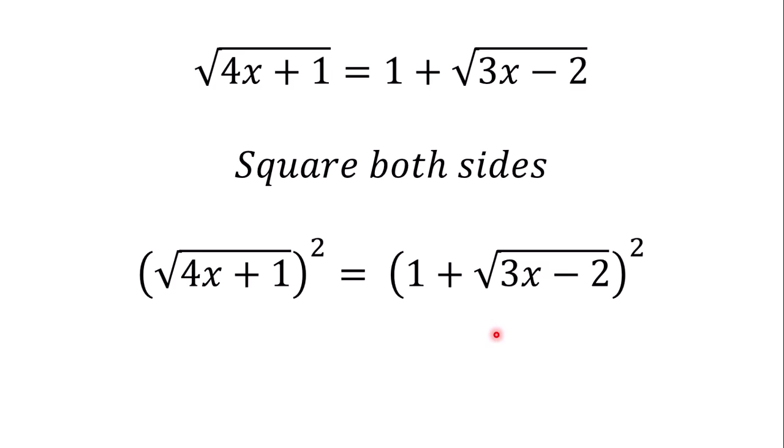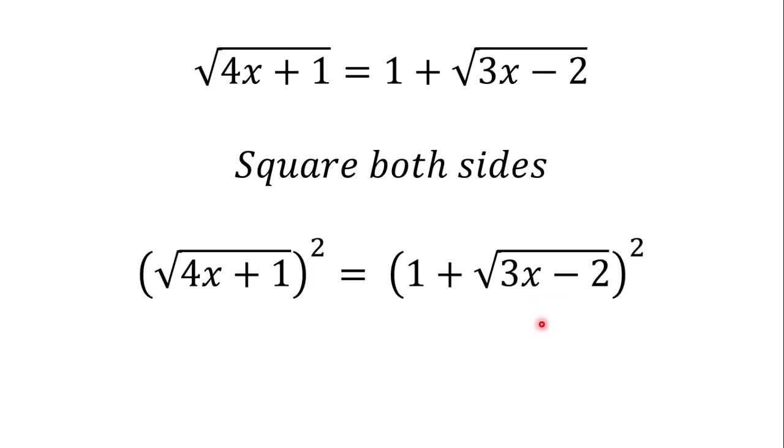You know it's 1, 2, 1, so it will be 2 times this, and then the last one is what? 1. And then we will take the last one in this bracket and then we will square it again. Okay, so here it's just going to give us 1, and then plus 2 times 1 times this, plus square root of what? Plus square root of 3x minus 2 all squared, and that will give us what?